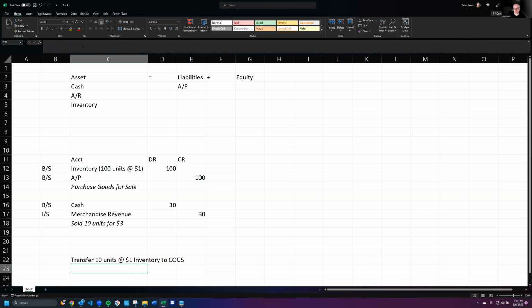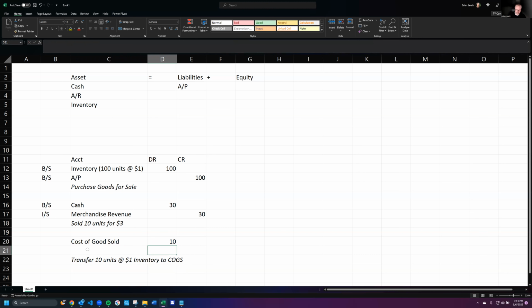Dollar inventory to COGS. Okay, now when I do that, I'm going to debit my cost of goods sold. Now, when I usually write it in shorthand, it's going to be COGS. And that's going to be for $10, right?